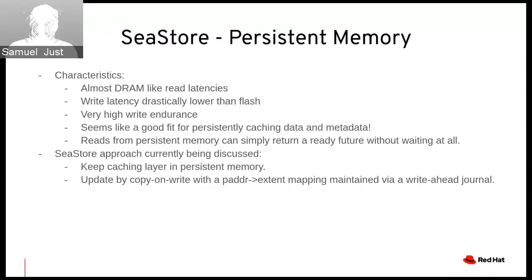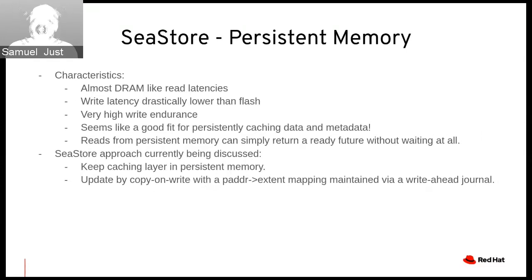technology that we want to address here is persistent memory. It has almost DRAM-like read latencies, write latency dramatically lower than flash, and very high write endurance. So it seems like a good fit for persistently caching data and metadata, particularly data and metadata with high update rates that would otherwise have an impact on the write endurance of an underlying QLC device.